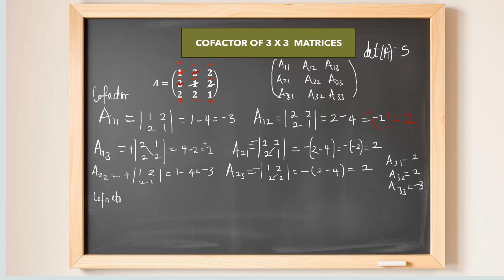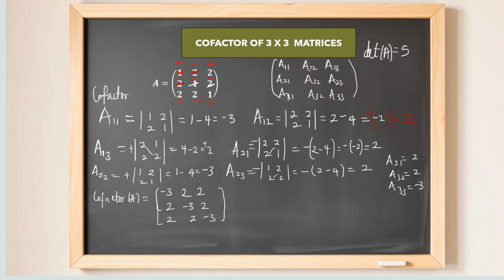So our cofactor of A is going to be: A11, which is negative 3, A12, which is 2, A13 is also 2. And the next line we have A21, which is 2, negative 3, 2. And the last one, we're going to have 2, 2, negative 3.